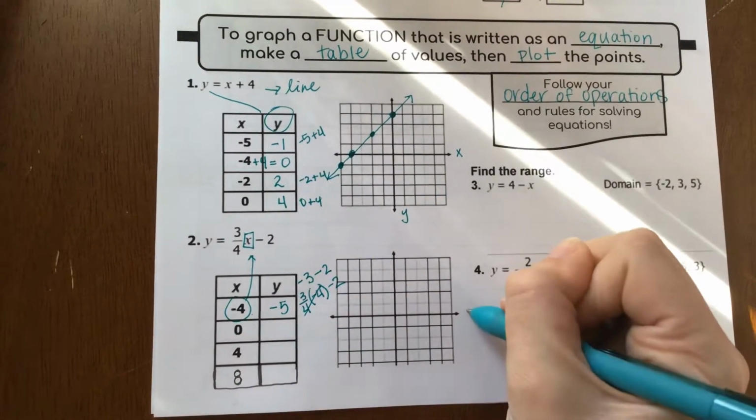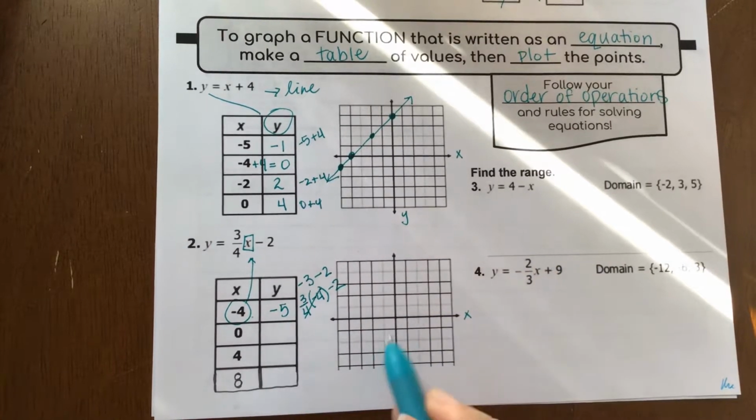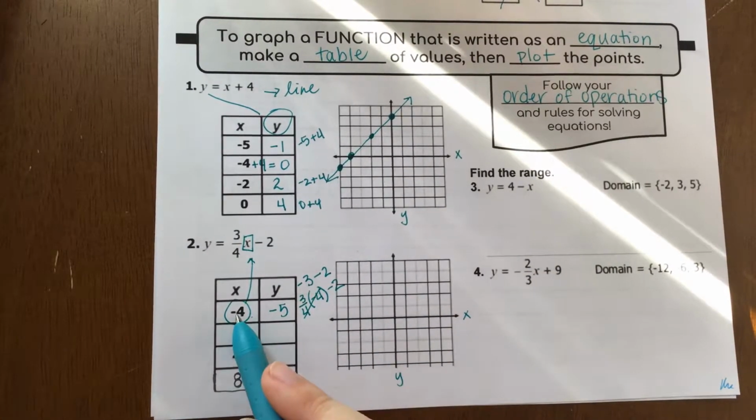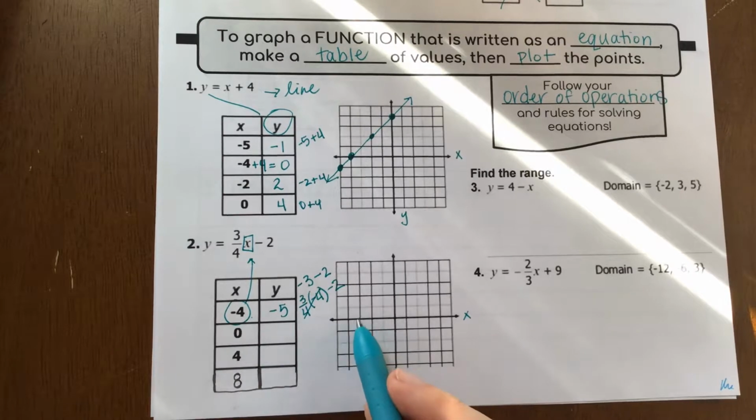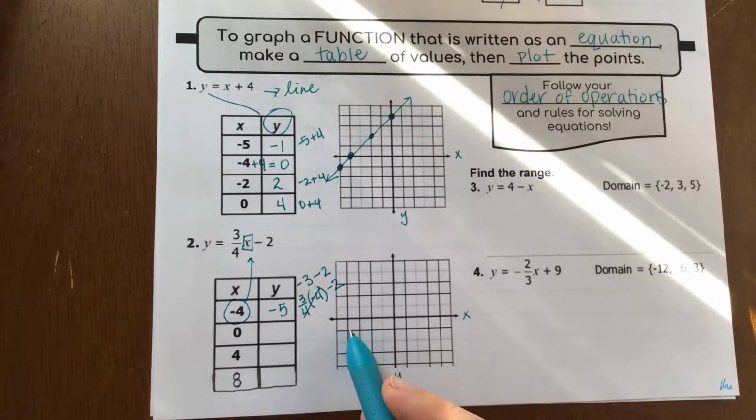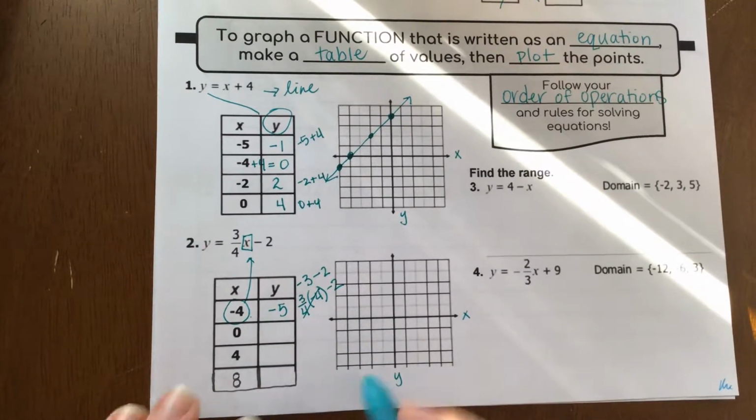So on our coordinate grid, x and y, we would go left 4 and down 5. 1, 2, 3, 4, 1, 2, 3, 4, 5.